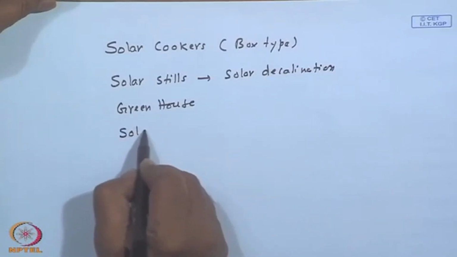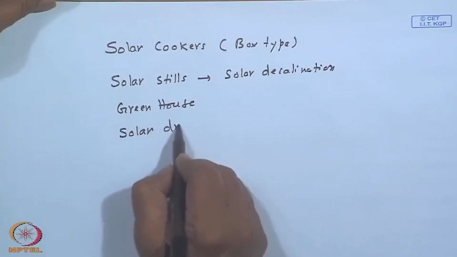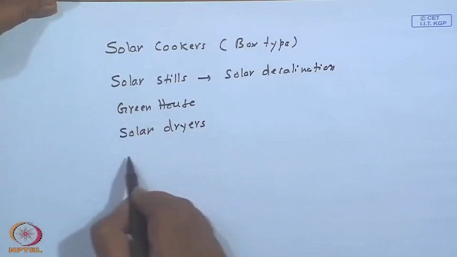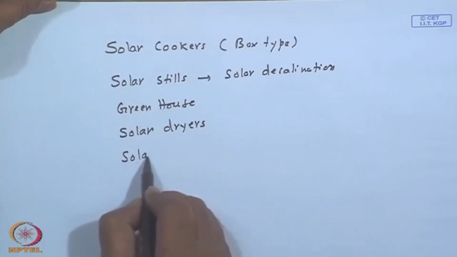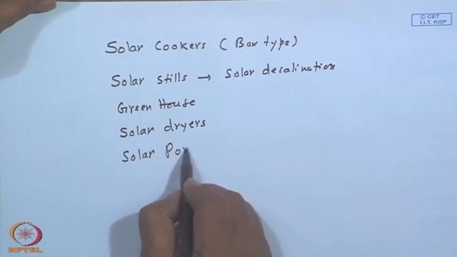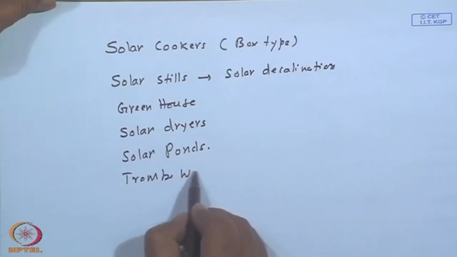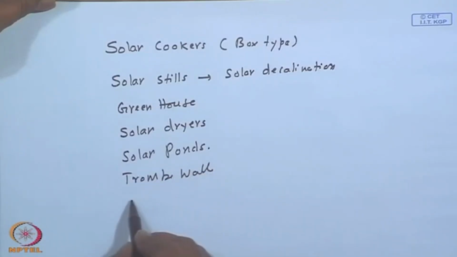Solar dryers, they can be active, they can be passive. And then solar ponds, Trombe wall, and a direct gain window.